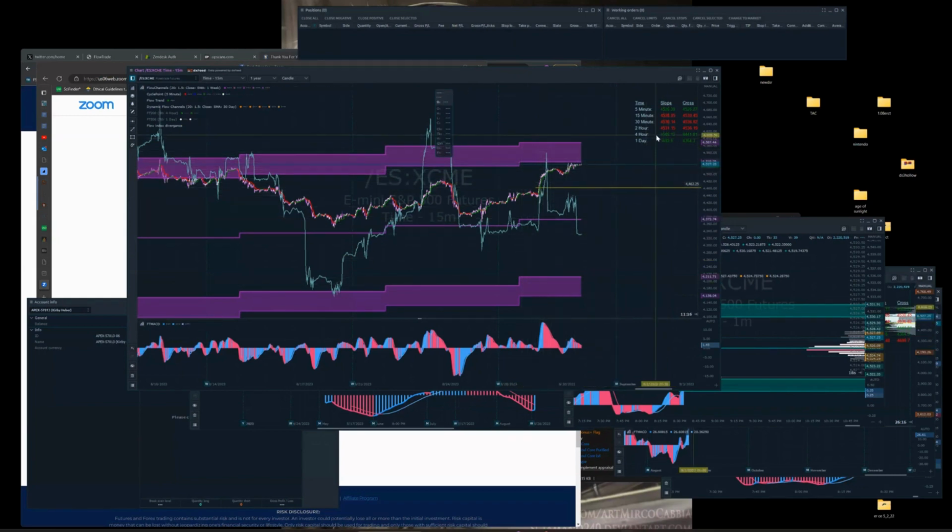We can see my 4 hour isn't going to turn down until around here, and my daily won't turn down until around here. The lower time frames will start to get that bearish strength, then start pushing on some bigger time frames and they'll start getting that bearish strength. Eventually they'll push hard enough and push the big ones down.